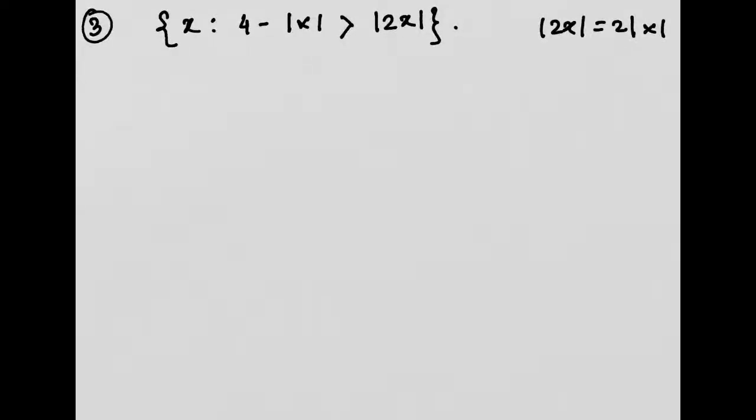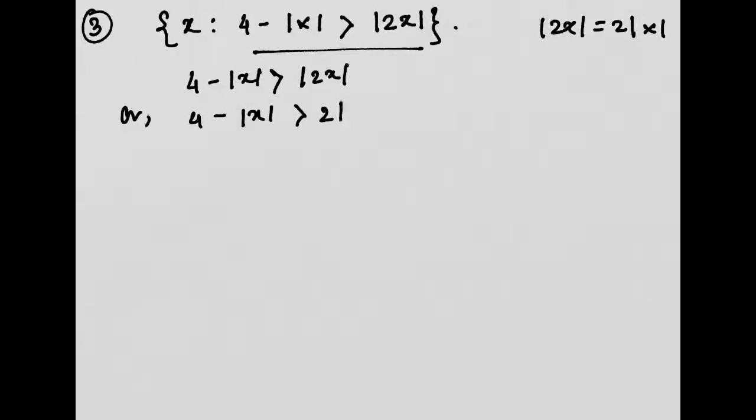Now writing the inequality: 4 minus mod x greater than 2 mod x, taking mod x on the left side and -4 on the right side. What I am having is mod x minus 2 mod x greater than -4.